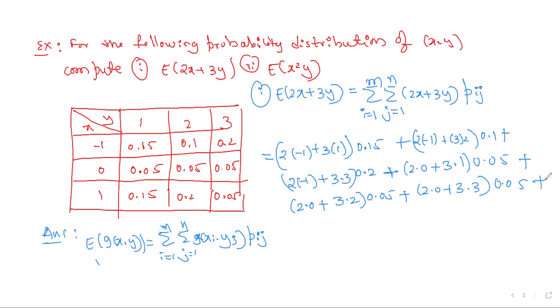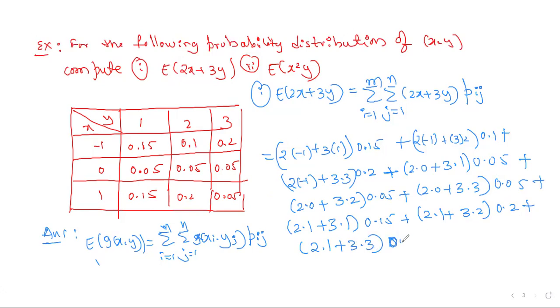Now, with respect to x equal to 1, we go through all the values of y. So 2 into 1 plus 3 into 1 with probability 0.15, plus 2 into 1 plus 3 into 2 with probability 0.2, plus 2 into 1 plus 3 into 3 with probability 0.05, right?